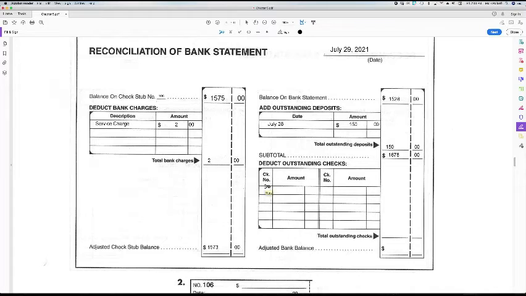The next thing that we're going to do is put in our outstanding checks. So the first outstanding check was number 103. And the amount on check number 103 was $70.